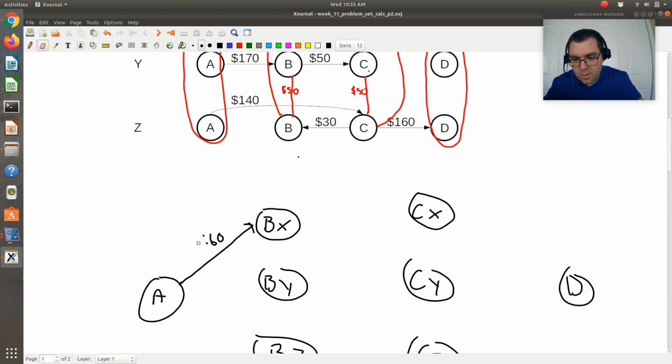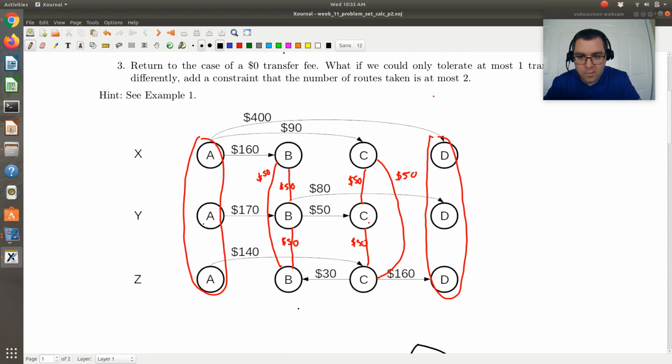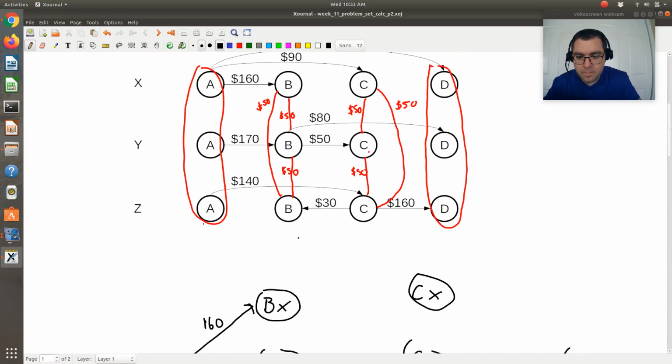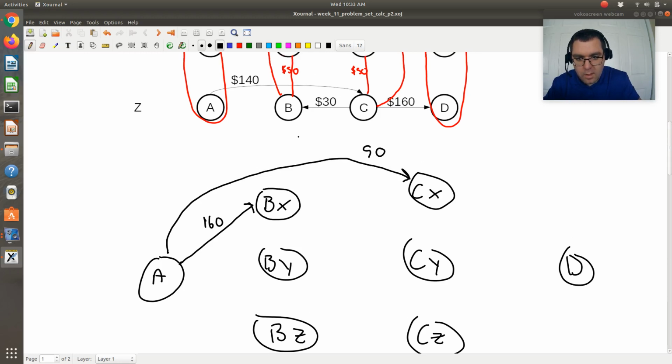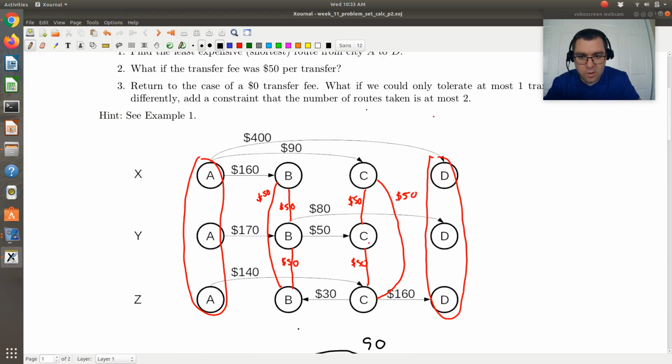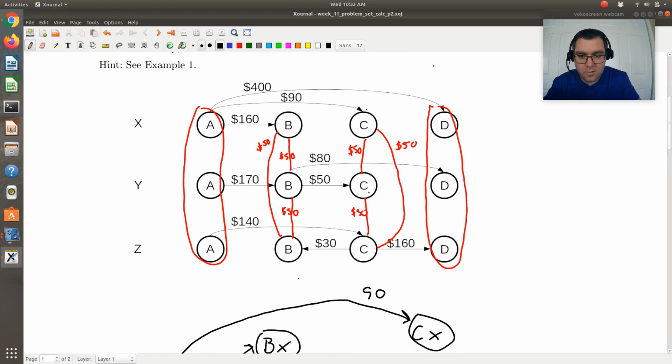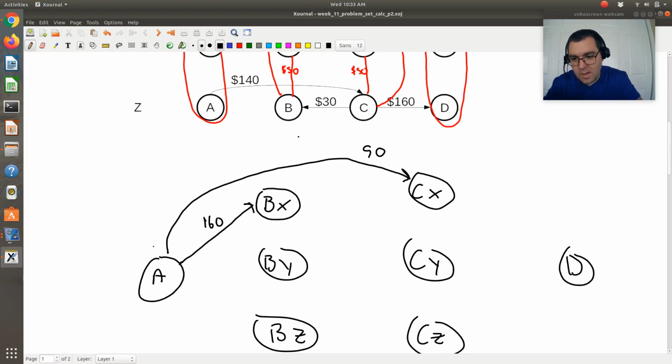Actually, I'm going to drop the dollar sign so this doesn't get too complicated. I can go from A to C on airline X. That's $90. And then on airline X, I can actually go from A to D. That's our only flight from A to D.